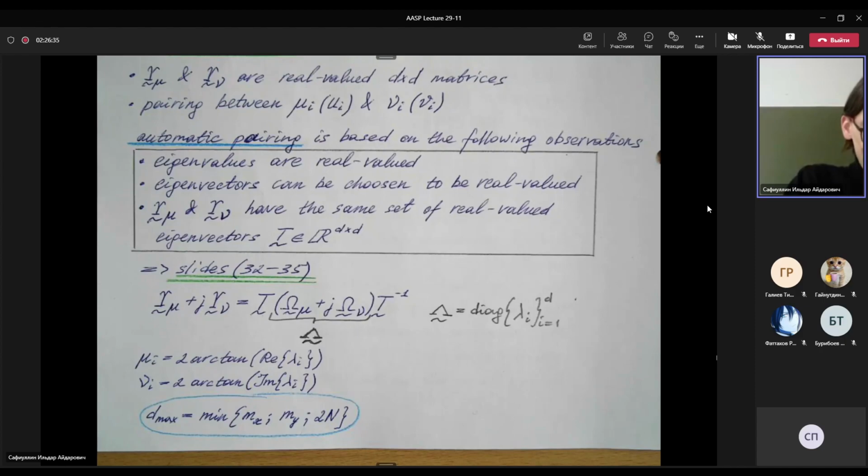So I think we can go through unitary ESPRIT.